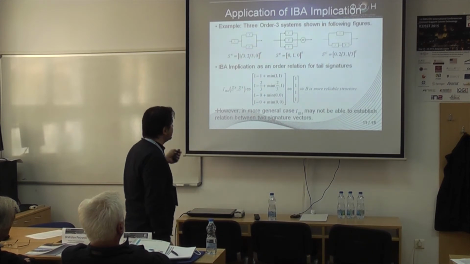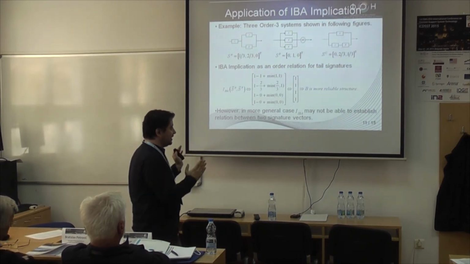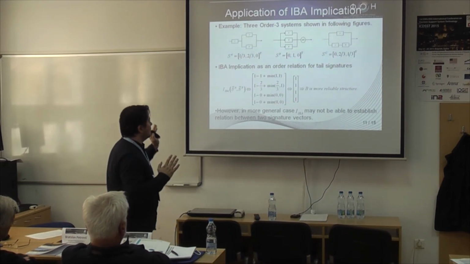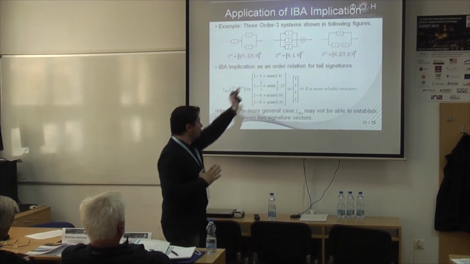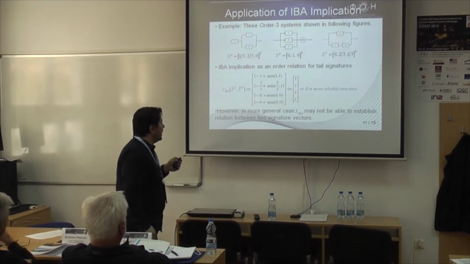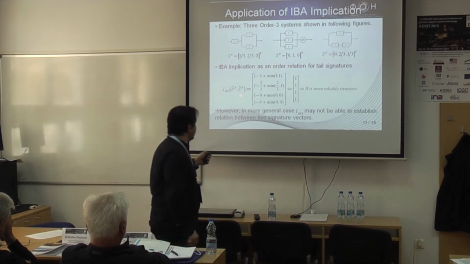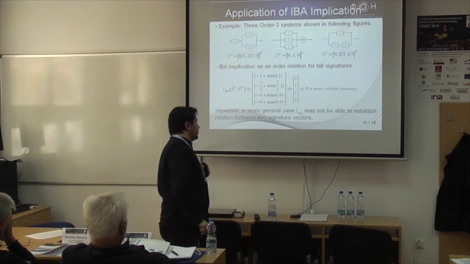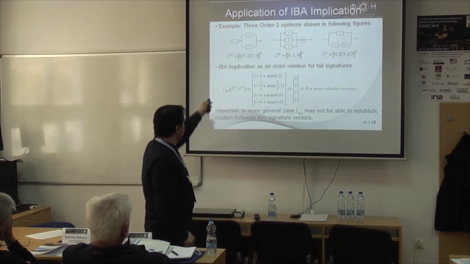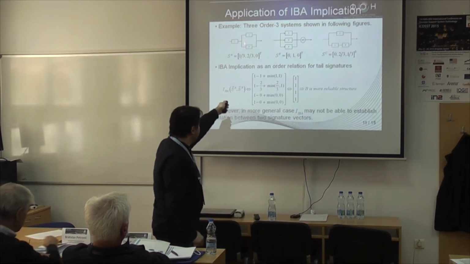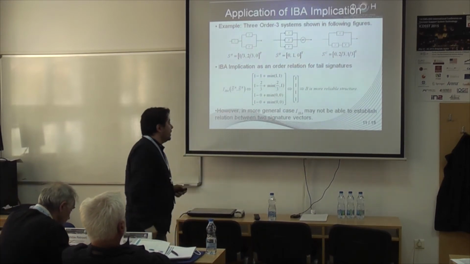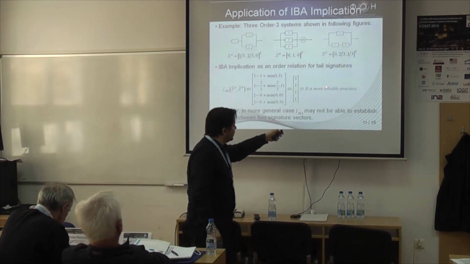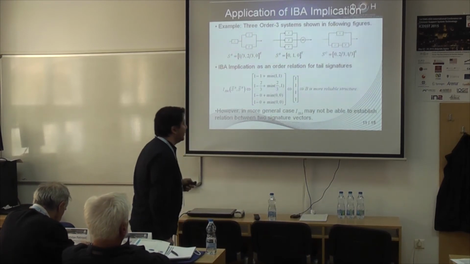As we already established by the cardinality indices, we could determine the signatures of these three systems and apply our implication as an order relation between them. We are first going to compare the first and second systems, and we are going to see that the second system is more reliable than the first.